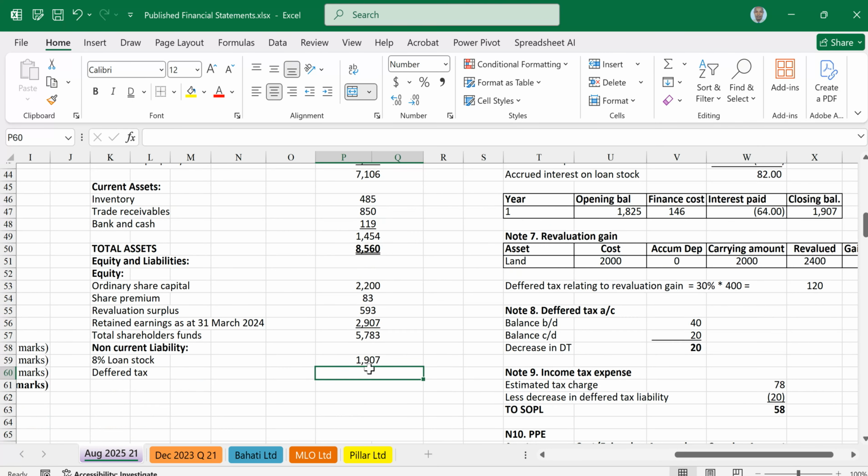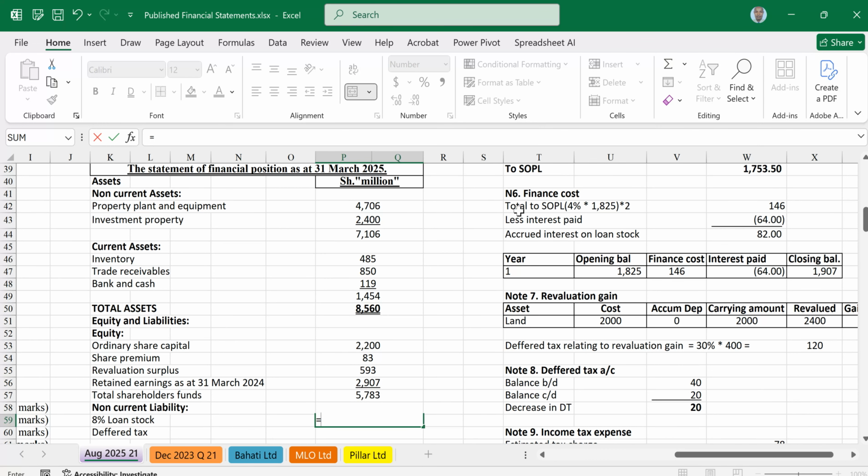So non-current liabilities, there are two: the 8% loan stock and the deferred tax. Now the 8% loan stock is in note 6, additional information number 6. This table showed that the closing balance for the 8% loan stock was 1907. We use 1907. Deferred tax is in note 8.